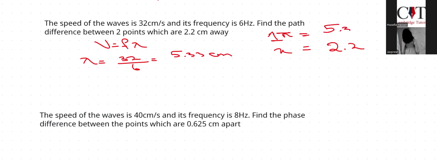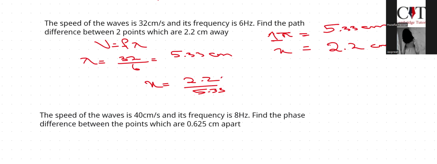So now instead of number of division, I have inserted the proper length or distance, right? Now just calculate the x. So x would be 2.2 divided by 5.33, into 1 lambda.